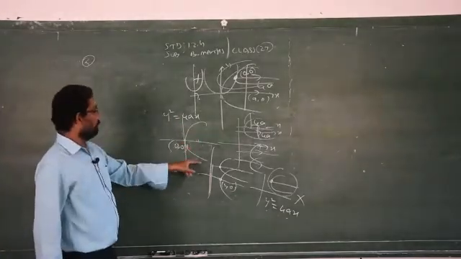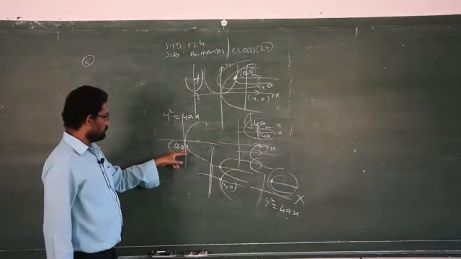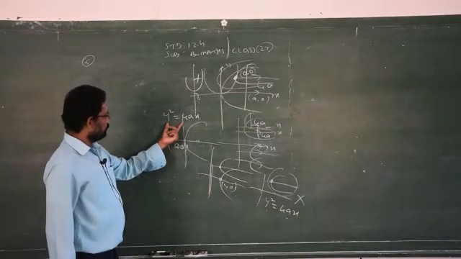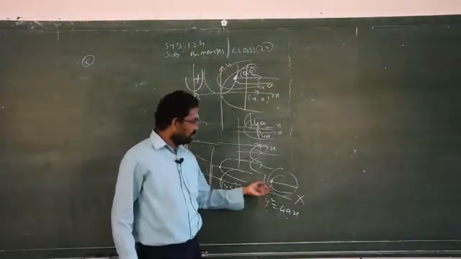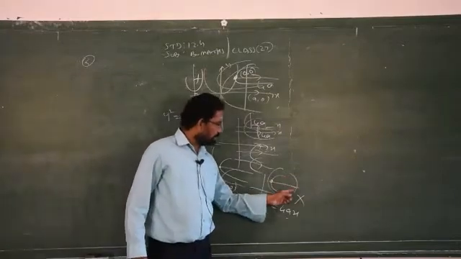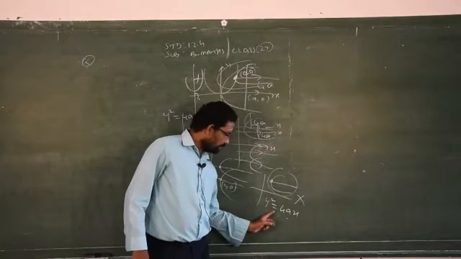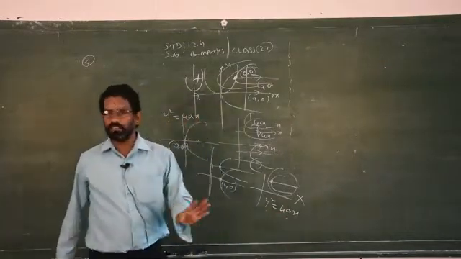So this parabola passing through the center (0, 0), that is the origin, we get y square equal to 4ax. When the parabola is not passing through the origin, then you cannot claim that the standard form of this type of parabola is y square equal to 4ax. Your answer is wrong.